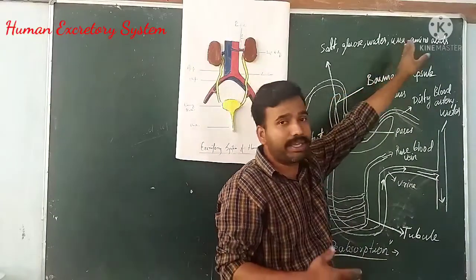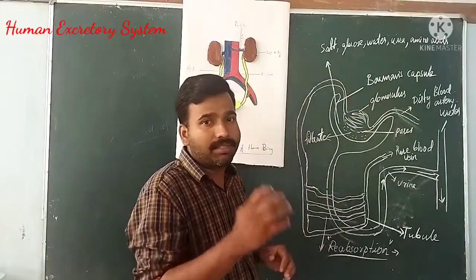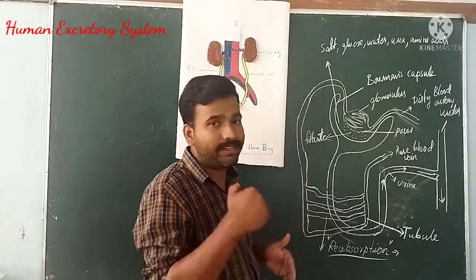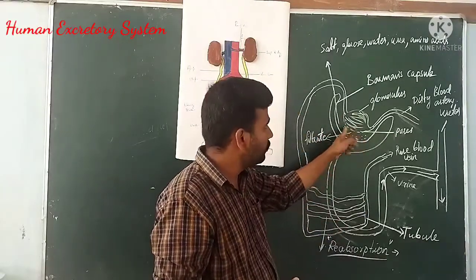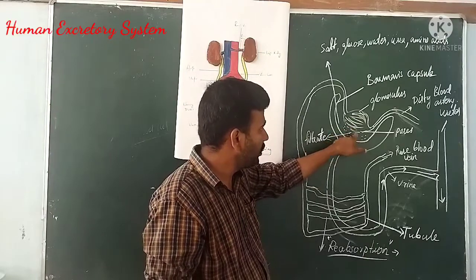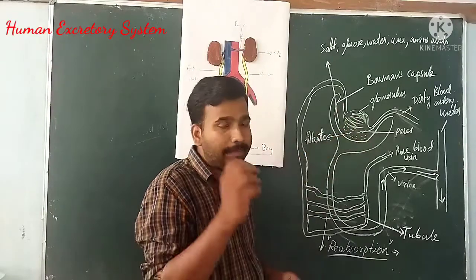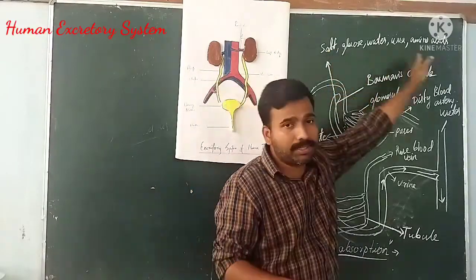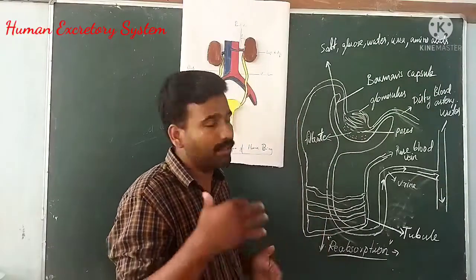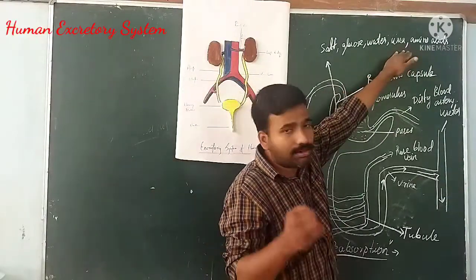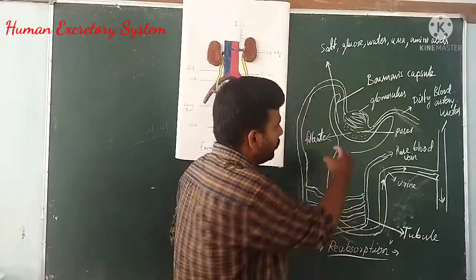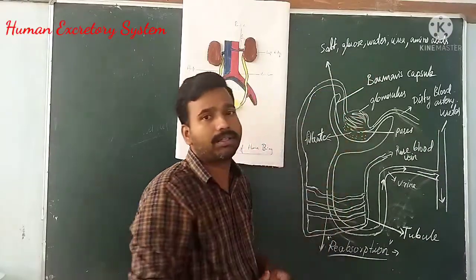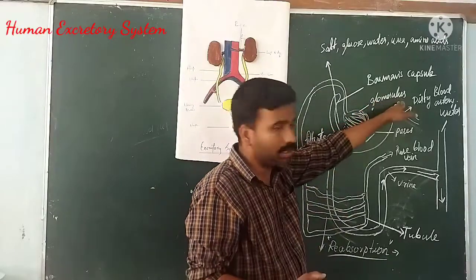Here urea and uric acid are the substances which are harmful for the body and need to be excreted. At the same time, because of the small pores present in the capillaries, all these substances, which are essential for us as well as not so essential, will get filtered out of the glomerulus.